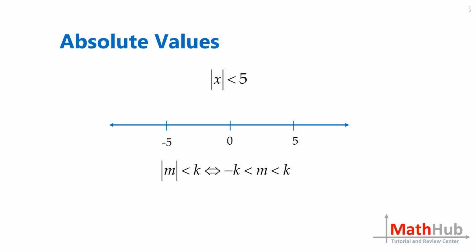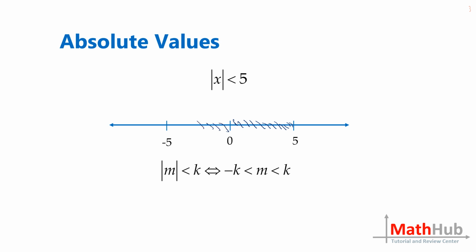Okay? Now let's go to inequalities. So for example, we want to solve this one. Absolute value of x is less than 5. Meaning to say, we're looking for numbers whose distance from 0 is less than 5. So where are those numbers? That would be here, right? These numbers over here, their distance from 0 is less than 5.